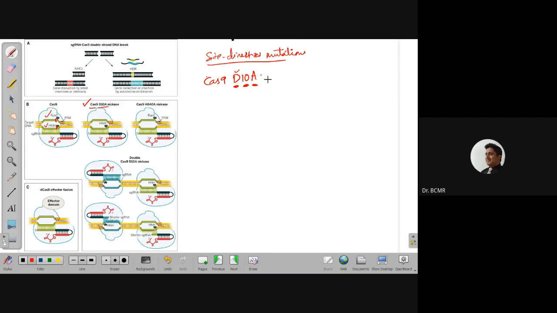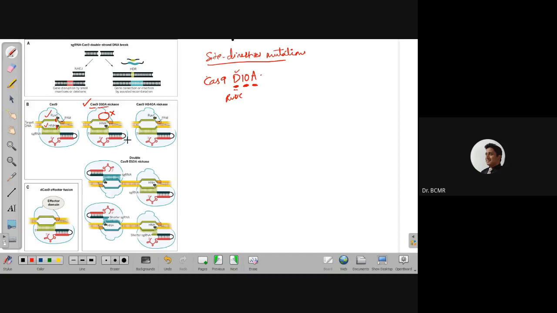I hope I'm right. Alanine is a non-polar amino acid, and probably this aspartic acid is important in the active site of RuvC. Because of the substitution with alanine, the RuvC domain is no longer functional.